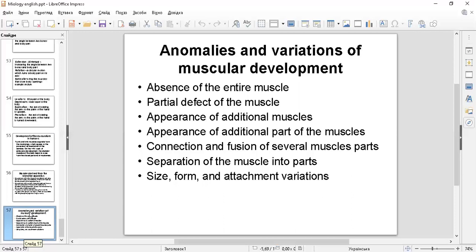Appearance of additional parts of the muscles. Connection and fusion of several muscle parts. Separation of the muscle into parts. Size, form, and attachment variations.